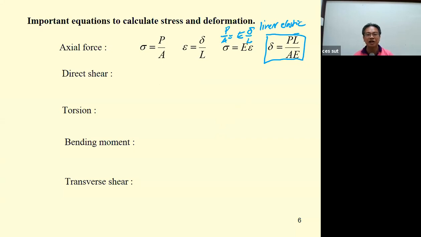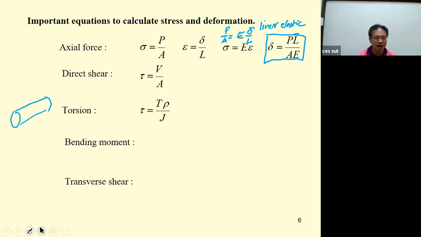For the direct shear, the tau is just equal to the shear force divided by the area. However, for the torsion, things are different. For the torsion, as the shaft of a car or truck is subjected to torsion, it has an arrow with a double head, unlike a force, which is just an arrow with one head.